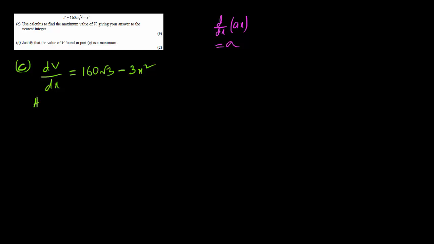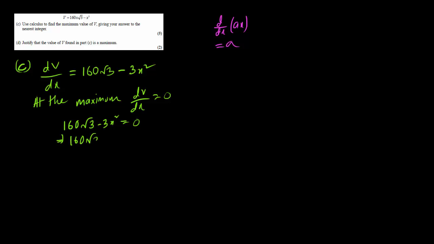So we know at the maximum point, the derivative dV by dx is going to be 0. So remember, at the maximum, the derivative is 0. So we can write 160 square root of 3 minus 3x squared equals 0. That would be 160 square root of 3 equals 3x squared. Therefore, 160 square root of 3 divided by 3 equals x squared.